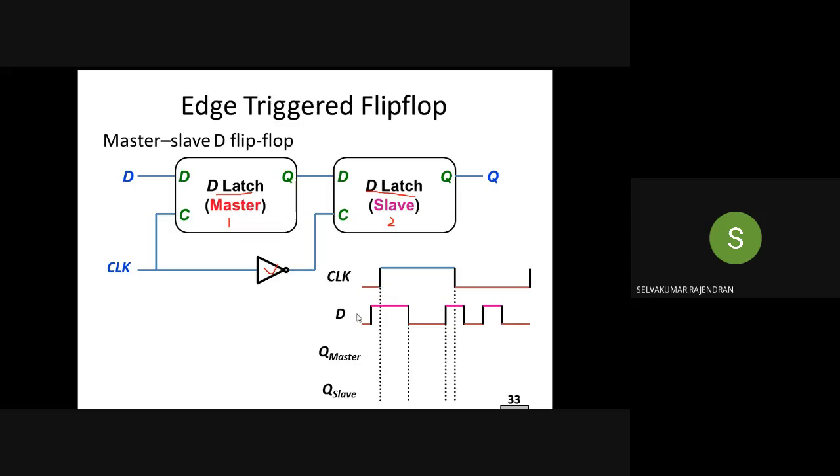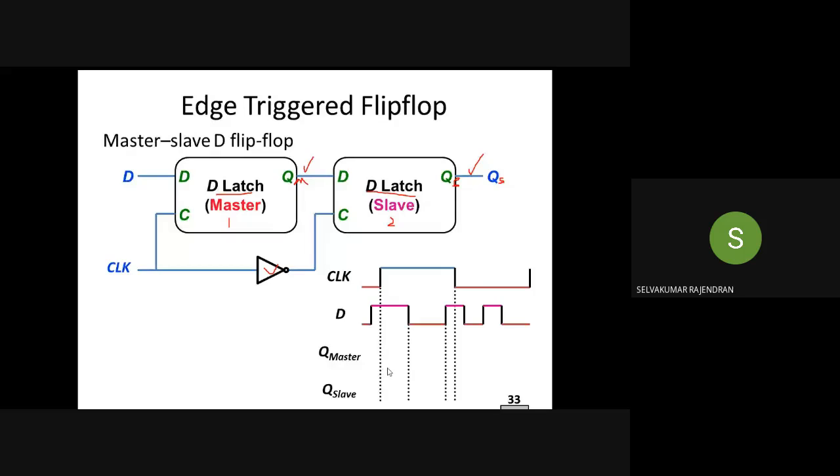Here we have the clock, then the applied input D, then Q master and Q slave. Q master is this line, and this is the Q slave output. But the actual output of the master-slave D flip-flop is the slave.